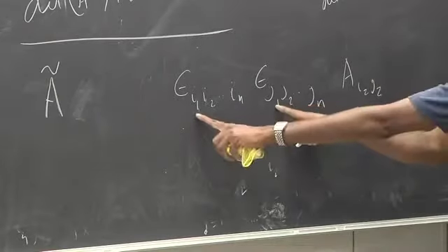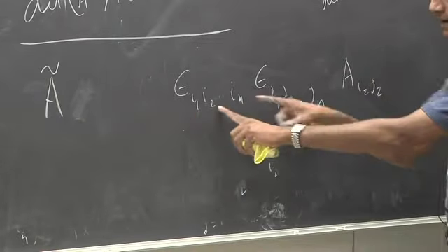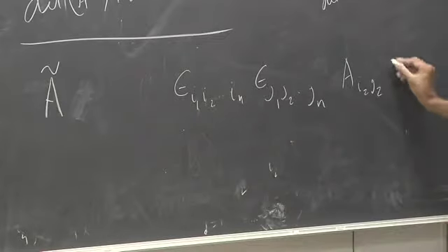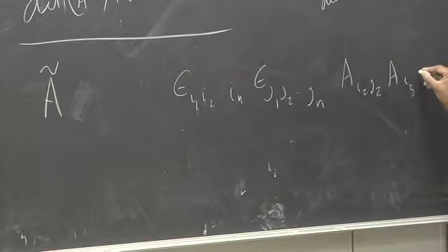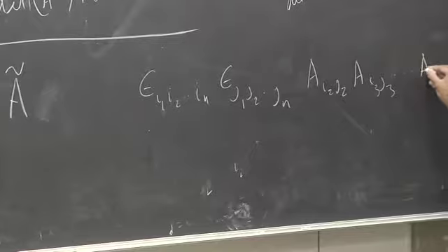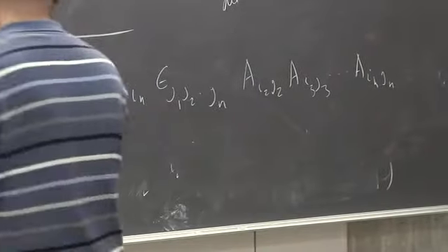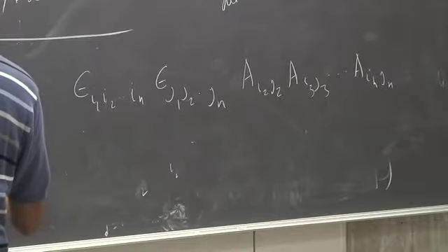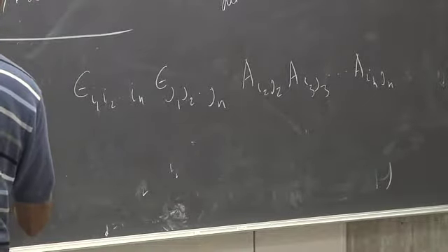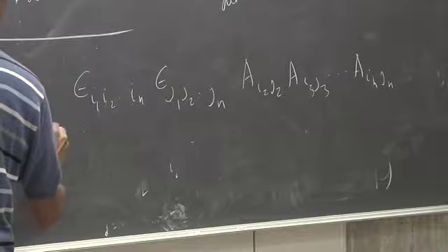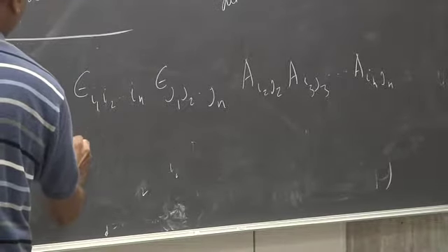So I'm keeping I1 and J1 as free indices. Other indices I'll sum over. A, I3, J3, all the way up to A, In, Jn. So we are summing this over I2 up to In, and similarly J2 up to Jn, I'm summing over.